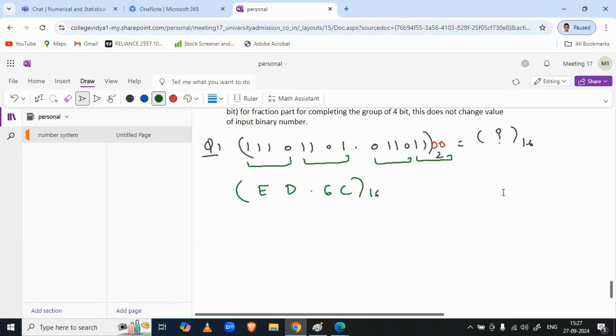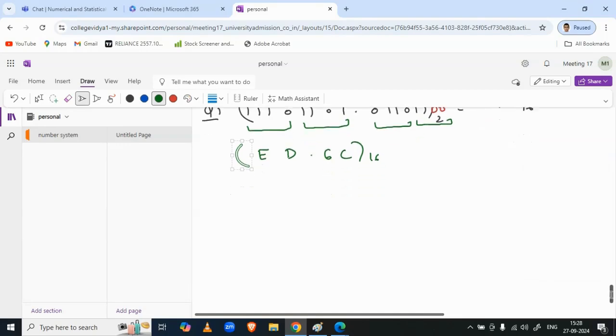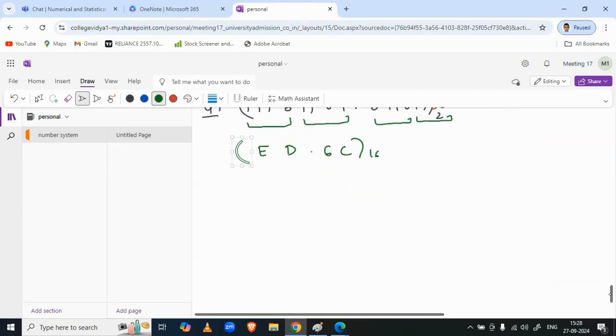How can we write this? This is the table: 0000 is the binary equivalent to the corresponding hexadecimal numbers.